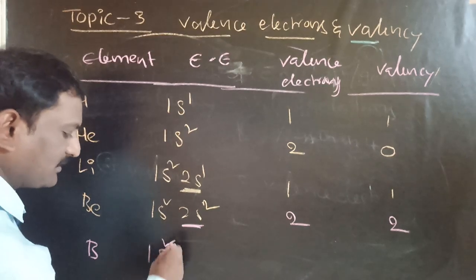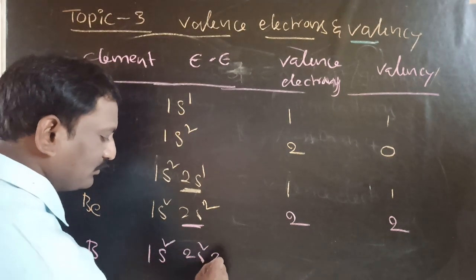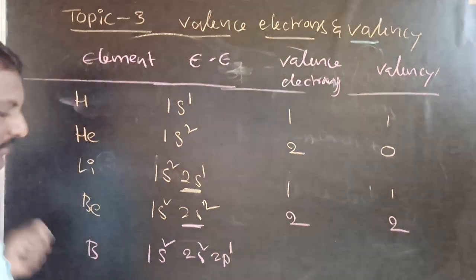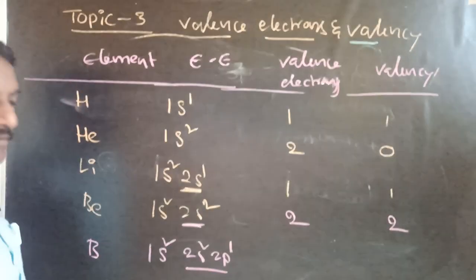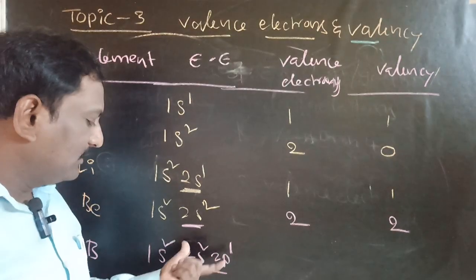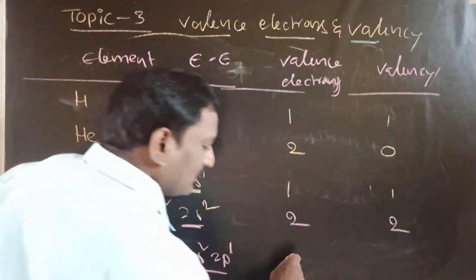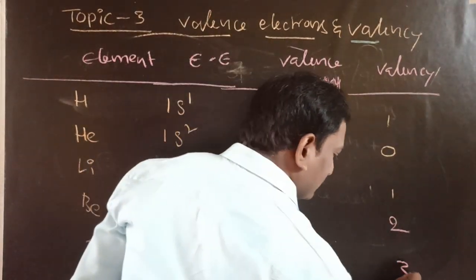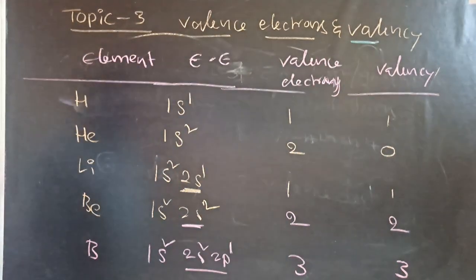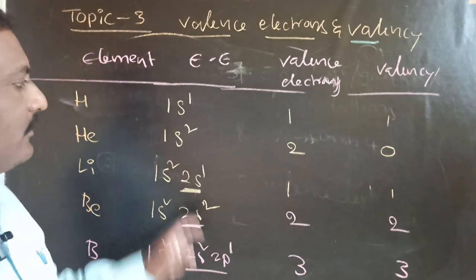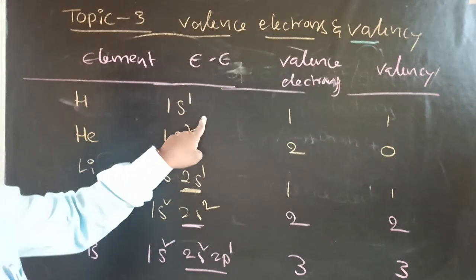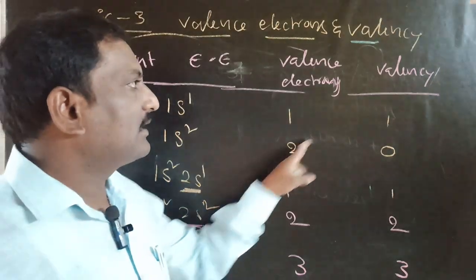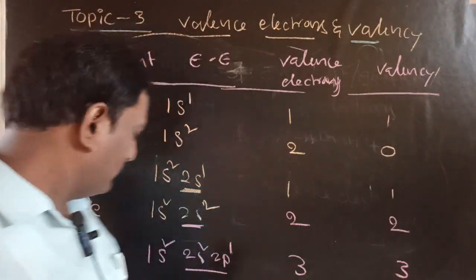Electronic configuration 1s2, 2s2, 2p1. The second shell will be the valence shell, 3 valence electrons are there, so valency is also 3. Are you following? Is it clear? So element, electronic configuration, valency electrons and valency.